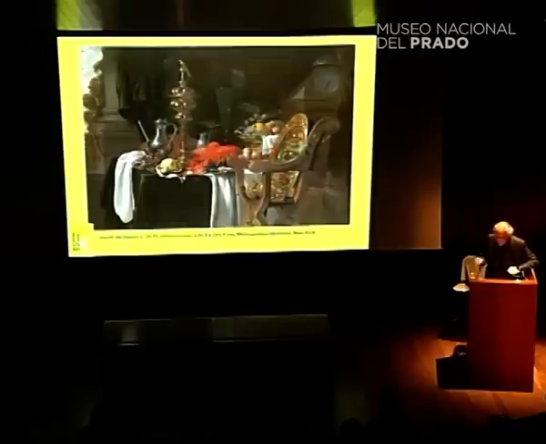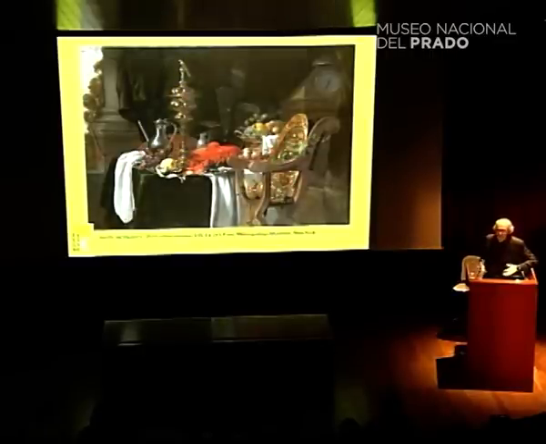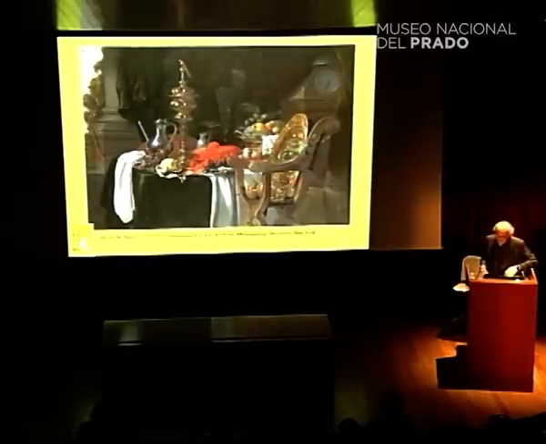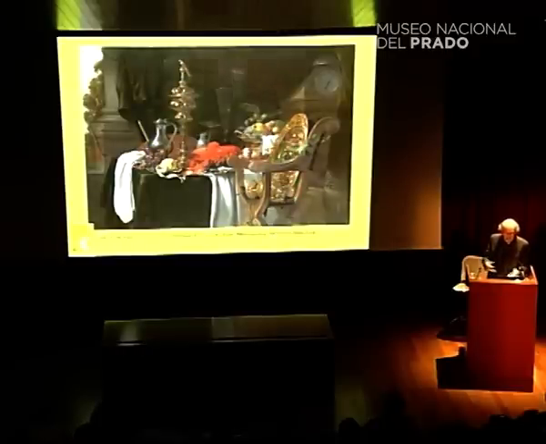And then this is actually the earliest example of one of his really large, sumptuous still lifes. This was probably done in 1639. You can see that he starts to use all different types of tricks, so to call it, to give depth in the painting and to make it very realistic.